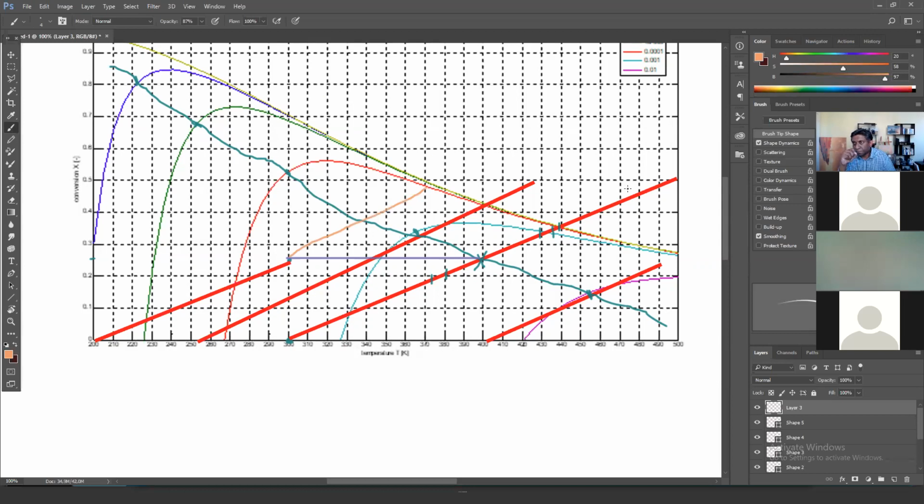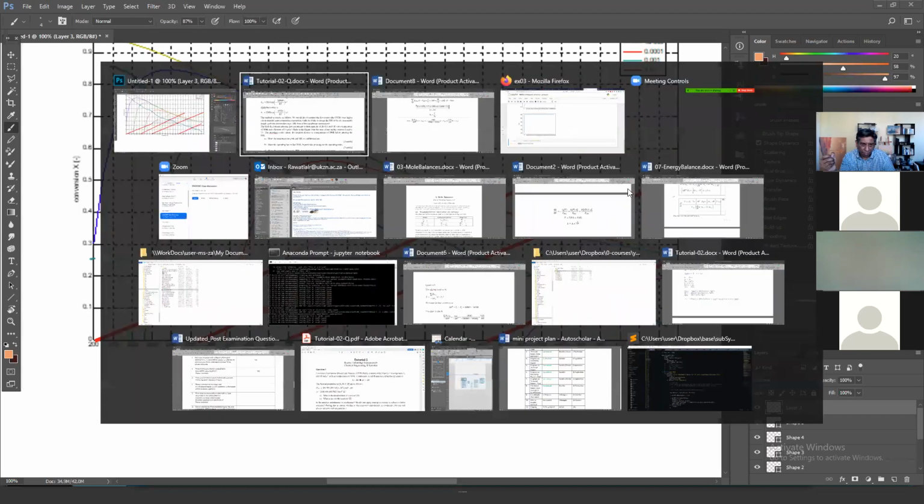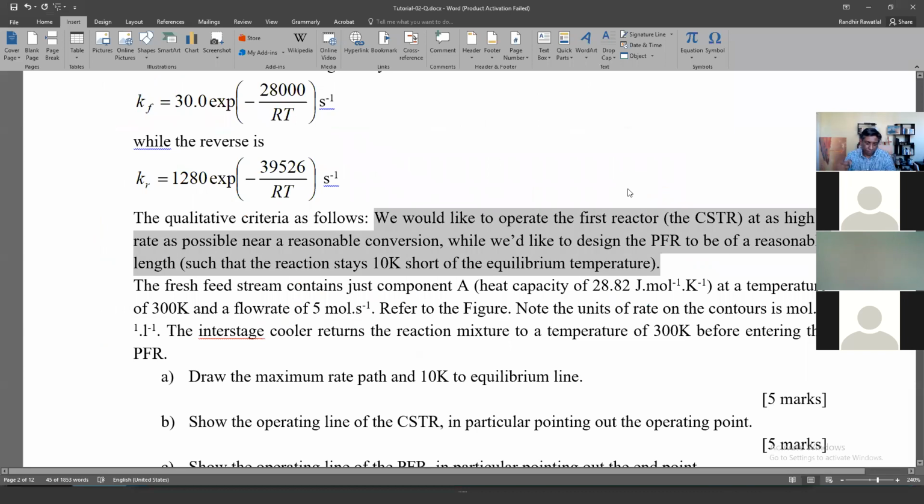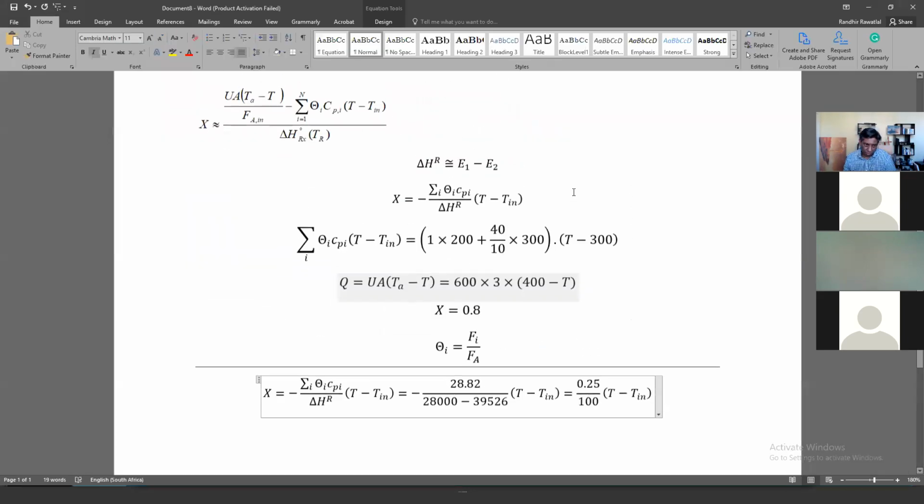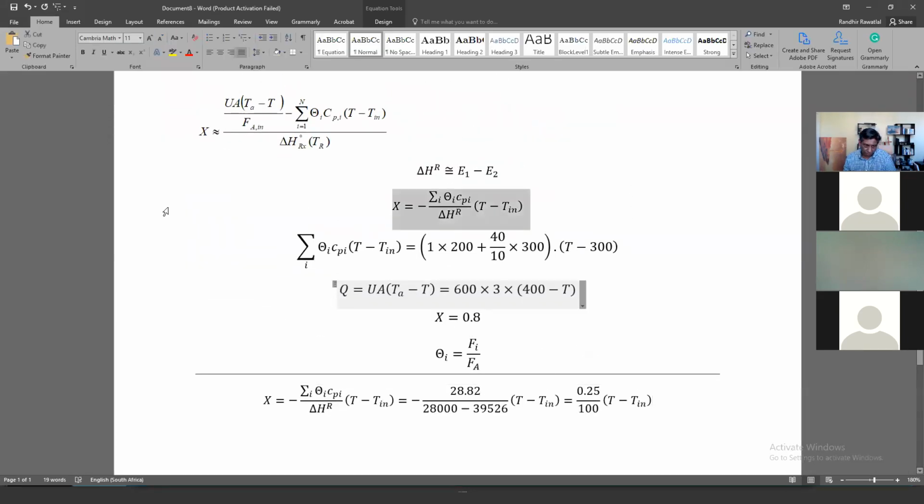And remember that the adiabat we derived was not specific to CSTR or PFR. By adiabat, I mean this adiabatic equation, which didn't come from any specific reactor. We derived it independent of reactor type, so the same equation applies to the PFR.